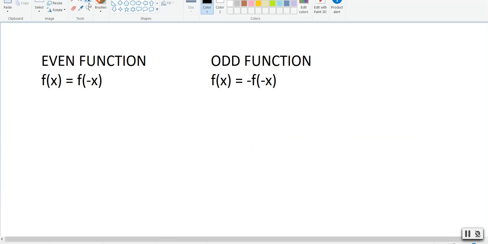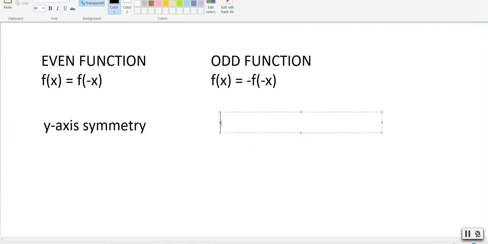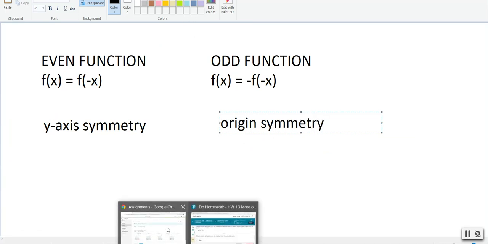Now, when you have an even function, you have y-axis symmetry. And when you have an odd function, you have origin symmetry. Let me show you examples of these.